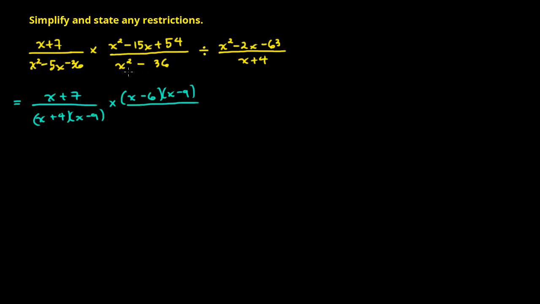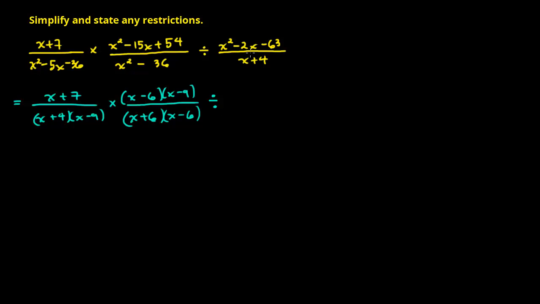Then in the denominator, I've got a difference of squares, x squared minus 36. Well, difference of squares always factor into conjugates. So I've got x plus 6 times x minus 6. And then lastly, I'm going to factor x squared minus 2x minus 63.